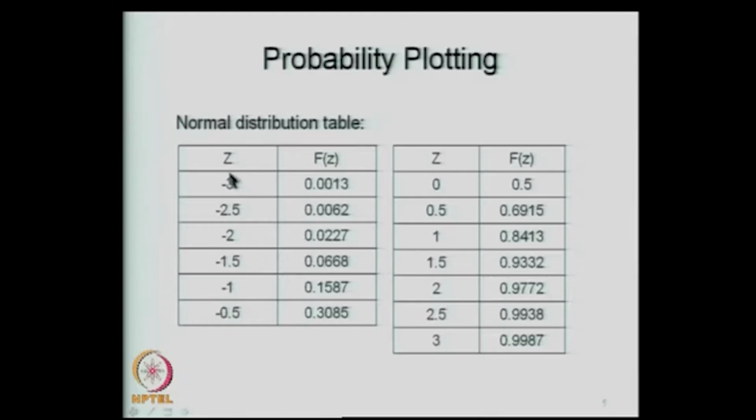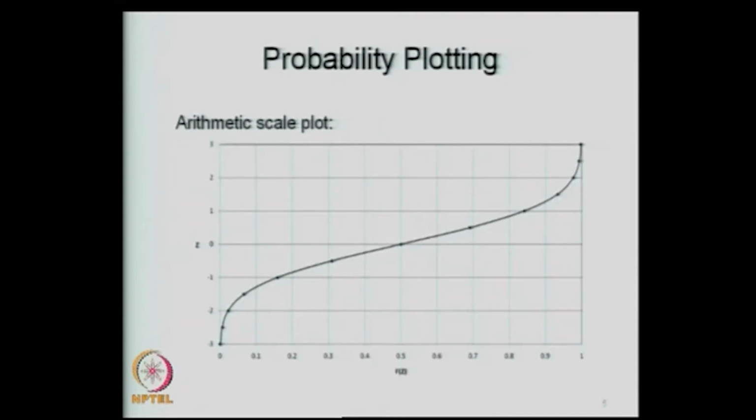This z versus F of z we will plot first on the arithmetic paper and see how it plots. On the arithmetic paper, on the y axis I plot the z, on the x axis I plot the F of z. This is how it looks. So, -3 corresponds to not exactly 0, but very nearly 0, and +3 corresponds to nearly 1.